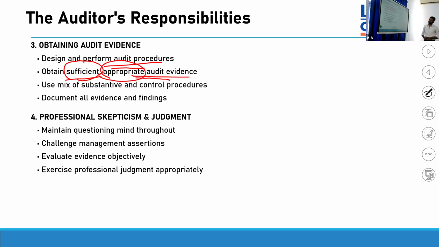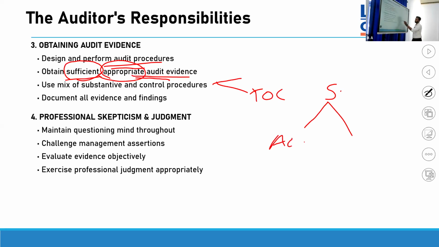Next one is use a mix of substantive and control procedures. When we are performing audit procedures, we can do TOC, test of control. Next one is substantive procedures. Under the substantive procedures, there are two things. One is analytical substantive procedures, right? The other one is test of detail.